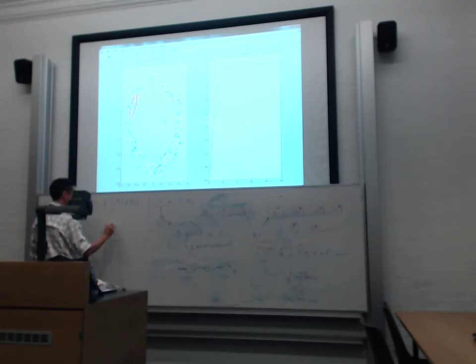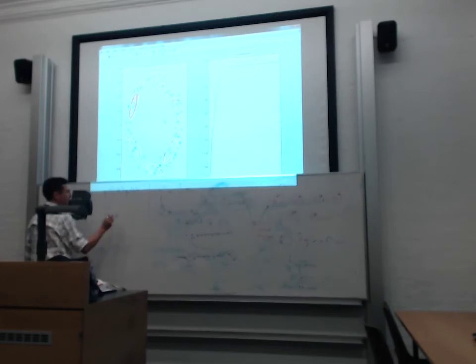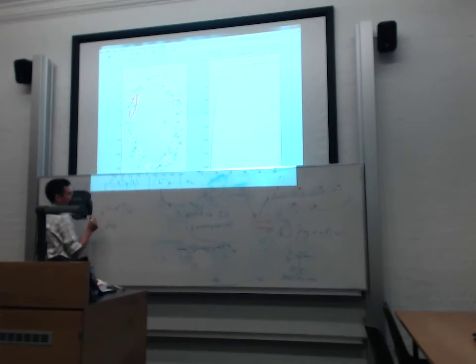So let's say the mean of the H index. And let's say I just make them, say, isotropic. D is 2 here.